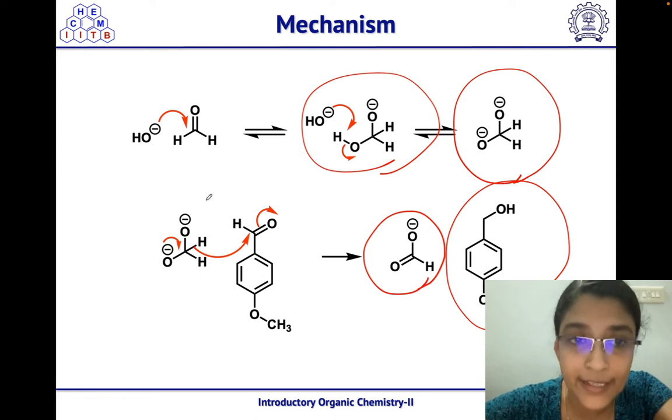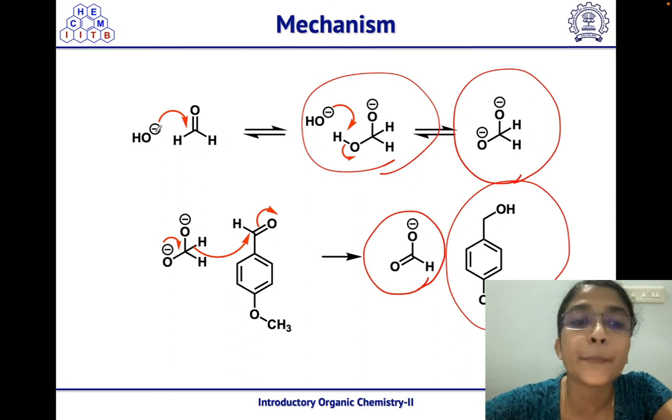This is also a Cannizzaro reaction as we have seen. Here we have two aldehydes. Out of those two aldehydes, formaldehyde is the most reactive. So it will react with the base first and it will generate this dianion. Then this dianion can react with this other aldehyde, where it will act as a hydride donor for the reduction reaction to take place.